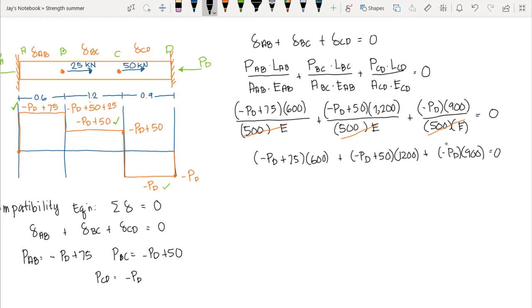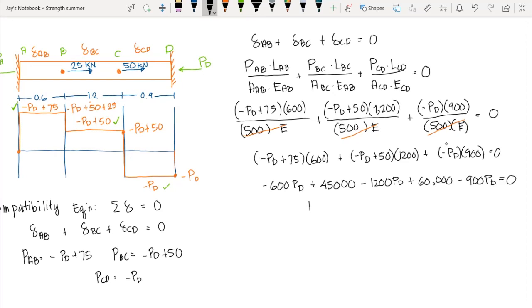Or we could multiply: negative 600 PD plus 45,000. Then we have 1,200 times PD, that is negative 1,200 PD, plus 50 times 1,200, that is 60,000, minus 900 PD is equal to 0.